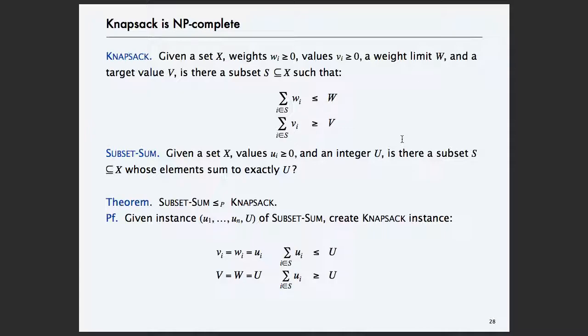It is in NP because we could brute force it in exponential time, which is equivalent to saying that if you give me a solution, that would be a good certifier. So we're going to prove that subset sum reduces to the knapsack.